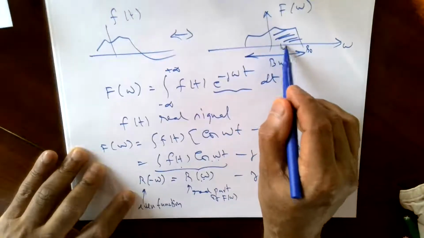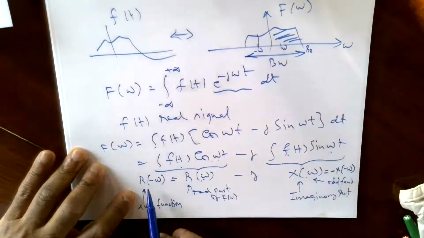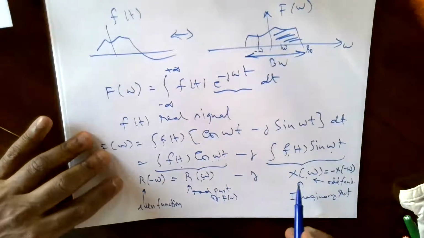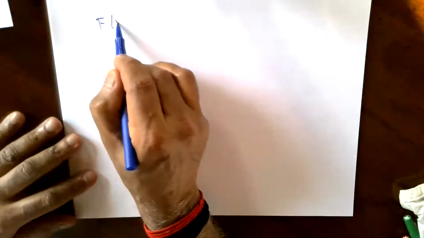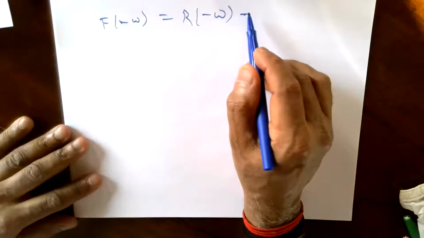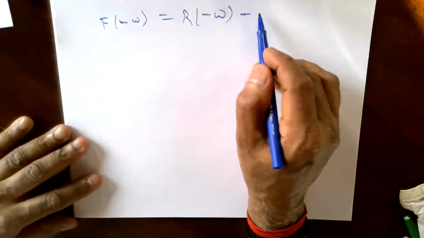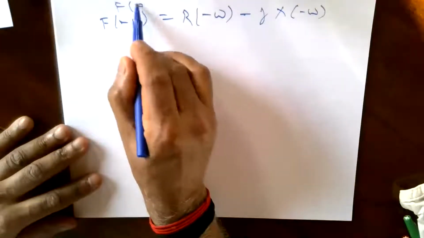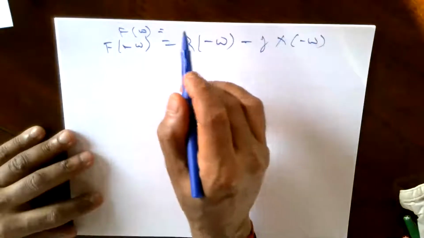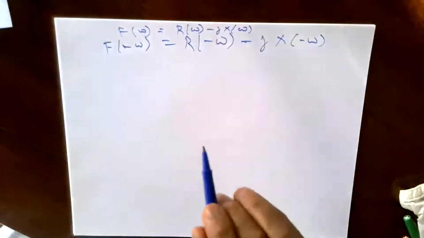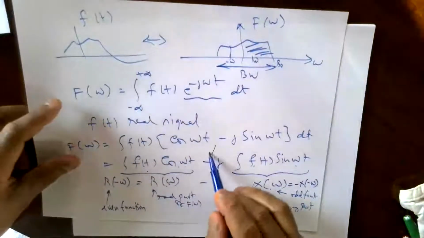If this is omega, you can duplicate the information here. So F of minus omega would be R of minus omega plus X of minus omega, which we can find from F of omega. So F of minus omega is R of minus omega minus j X of minus omega, because F of omega is R of omega minus j X of omega, the way we defined it here, because of the minus here.